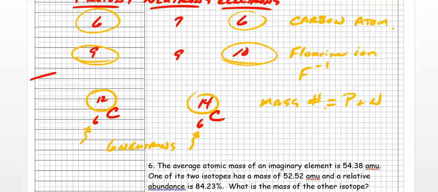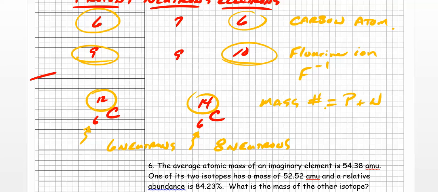But now let's look at this one. I've got 6 protons and 14 protons and neutrons. So what's the difference between 6 and 14? 8. So there must be 8 neutrons in this particular isotope. So these are 2 isotopes of carbon.